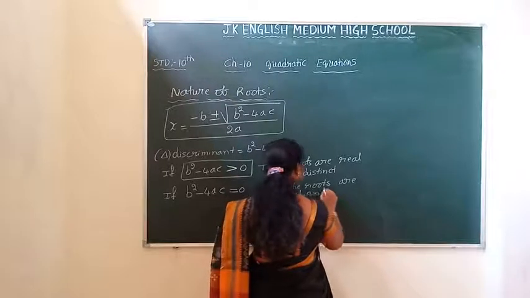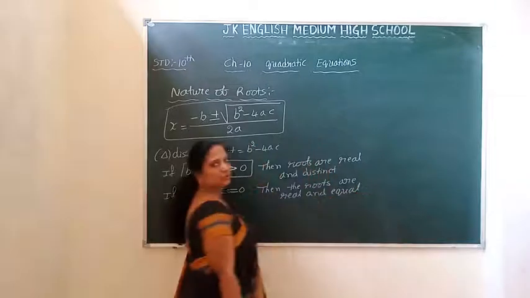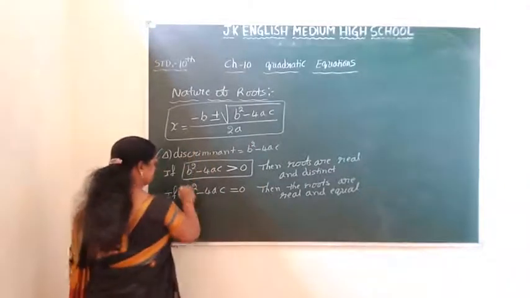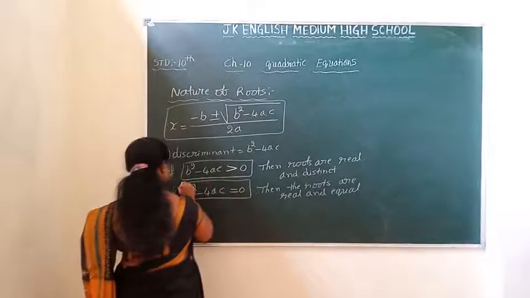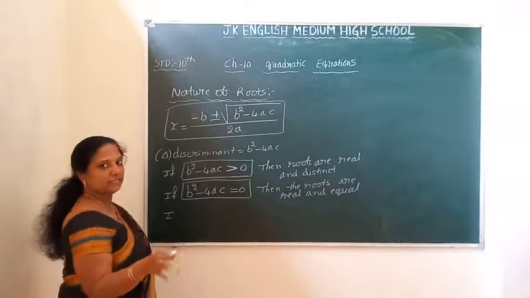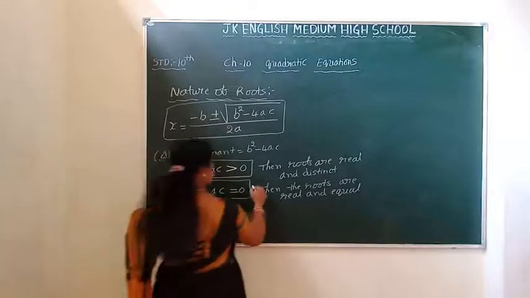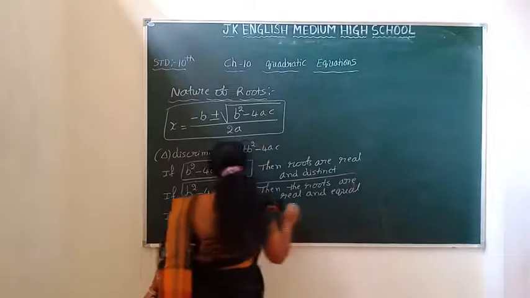Real and equal roots you are going to get. You have to remember these conditions. If equal, both are equal, like 3, 3 or 4, 4, both the roots will be equal. Okay children?